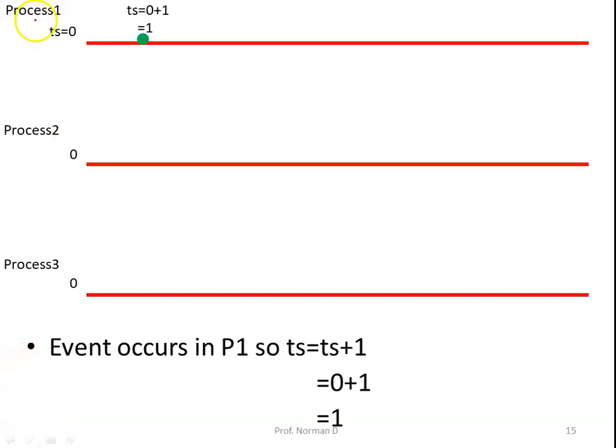Now, initially, for process 1, the timestamp is equal to 0. Now, an event occurs in P1. So, the current timestamp is 0, and 1 is added to it. So, now the current timestamp of process 1 is 1.